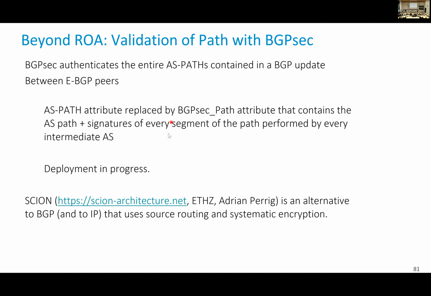There are still performance issues in deploying that, but this is partly in progress. This motivates also SCION to say that perhaps it's better to use SCION than BGP, because SCION natively uses source routing and systematic encryption that avoids all those problems. The future will tell whether SCION is able to be a solution to that problem.